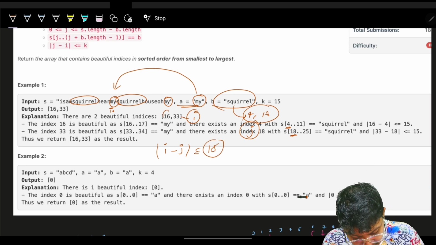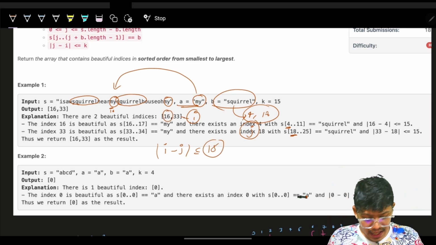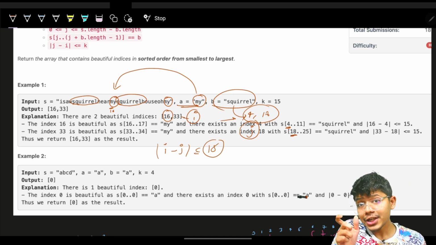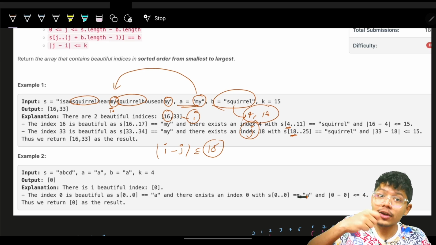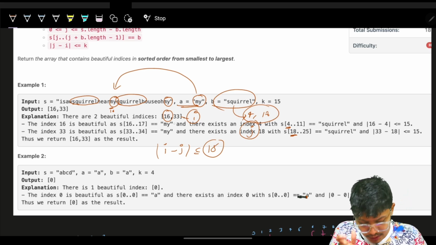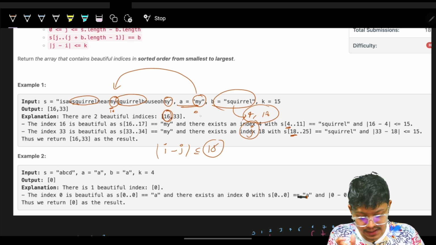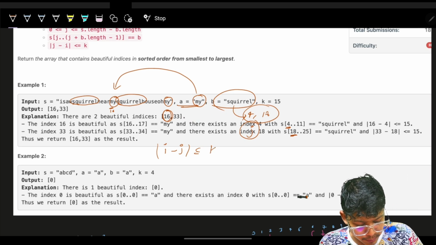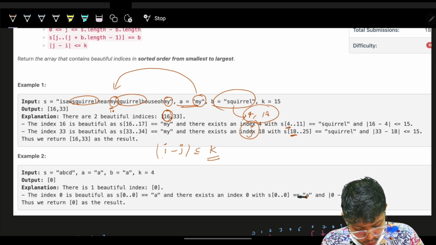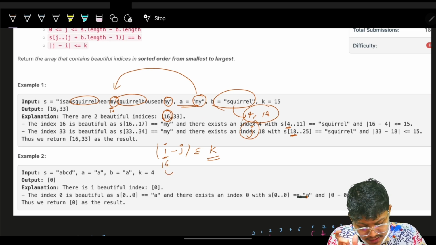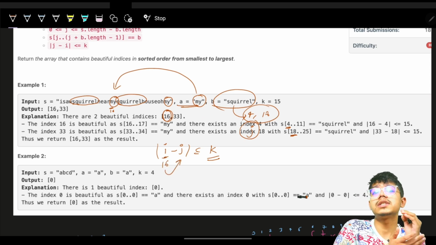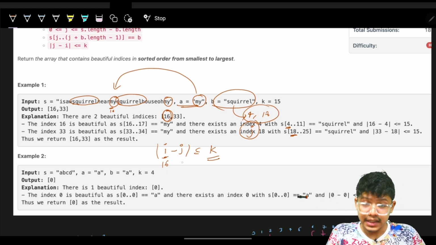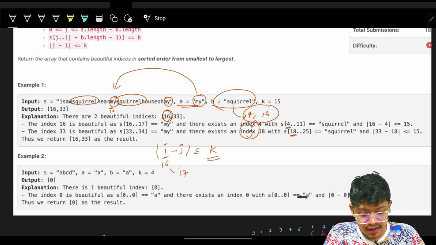So for this index 16, in the b array I should be able to find such a number closest to 16. Why closest? Because ultimately I want it to be less than or equal to k. If i is 16, I would want something as close to 16 as possible. It can be 15, 14, or even 17, 18.